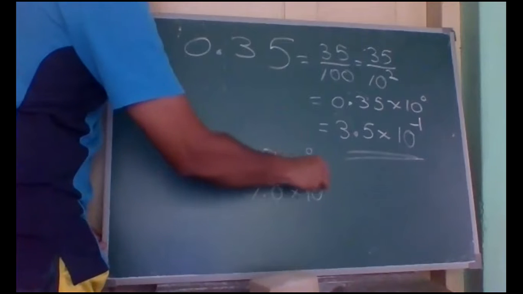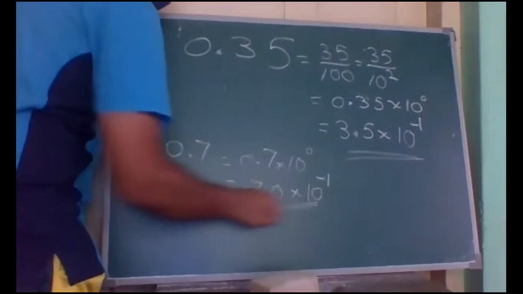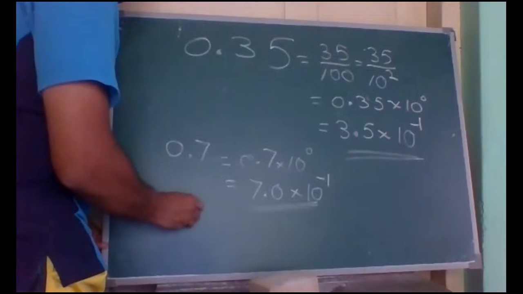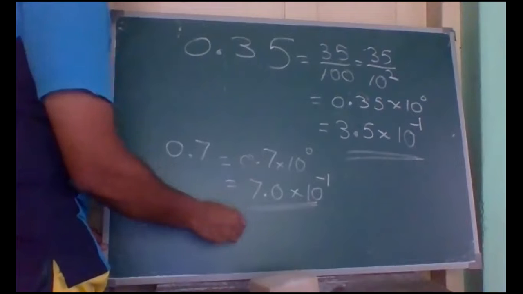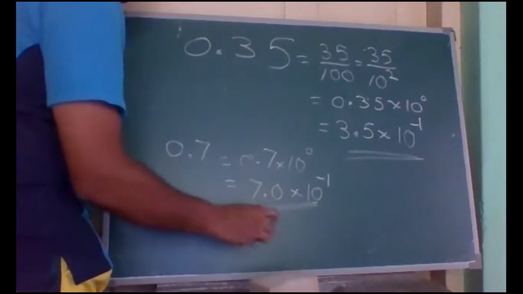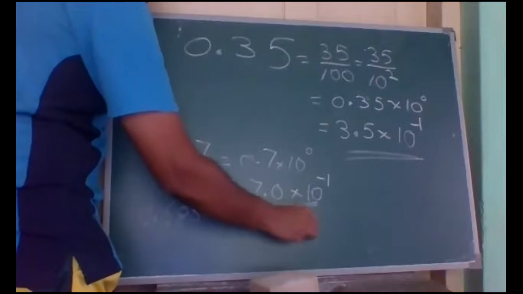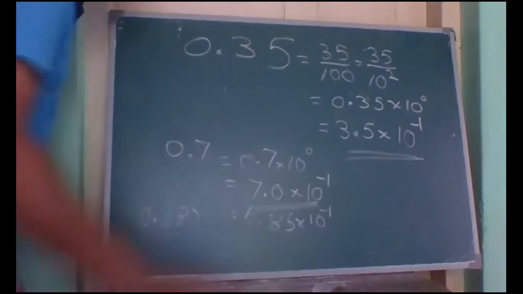Into 10 to the power minus 1. So this is the answer, right? 0.685, how to write? Just one place. 0.6 is going here, then 6.85 into 10 to the power minus 1.